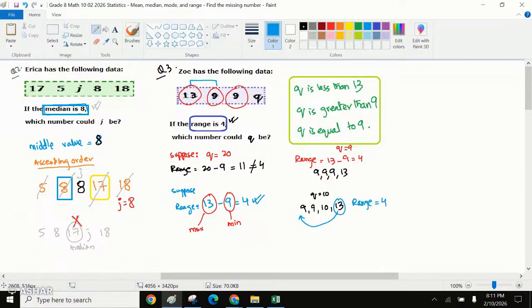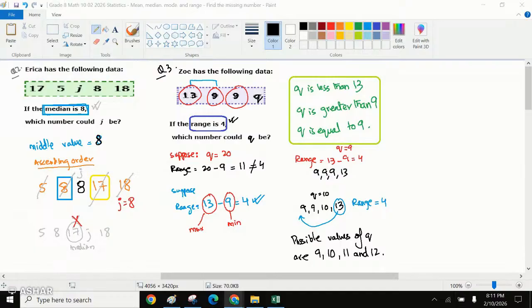That means the possible values of Q are, Q can be 9, 10, 11, and 12. But Q can never be equal to 13 because if it's equal to 13, then the maximum value will change. Do we agree on this?